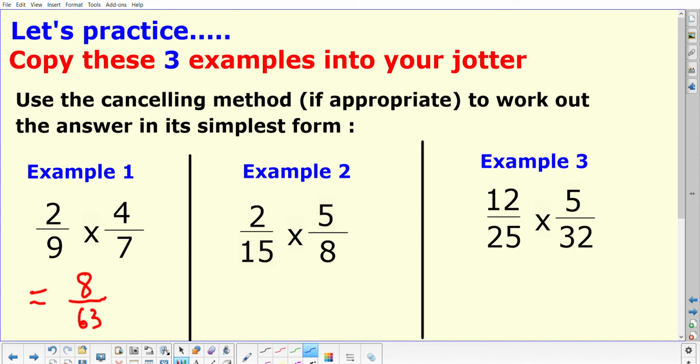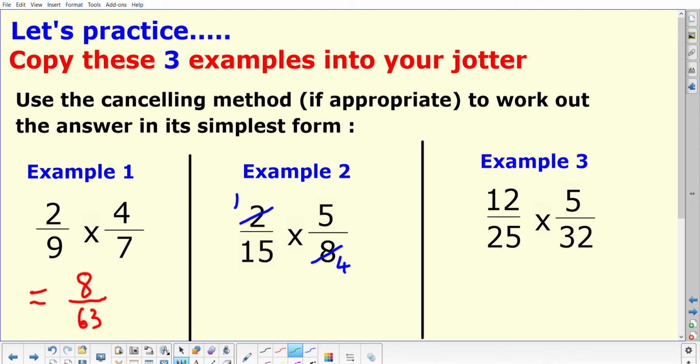With the second example, you look at what you've got on the top. You've got a 2 and a 5 on the top there, so you're looking for things in common with the bottom. So with the 2, you'll see on the bottom of the fraction here, you've got an 8. Both of those are divisible by 2, so we could say 2 into 2 goes 1, 2 into 8 is going to go 4 times.